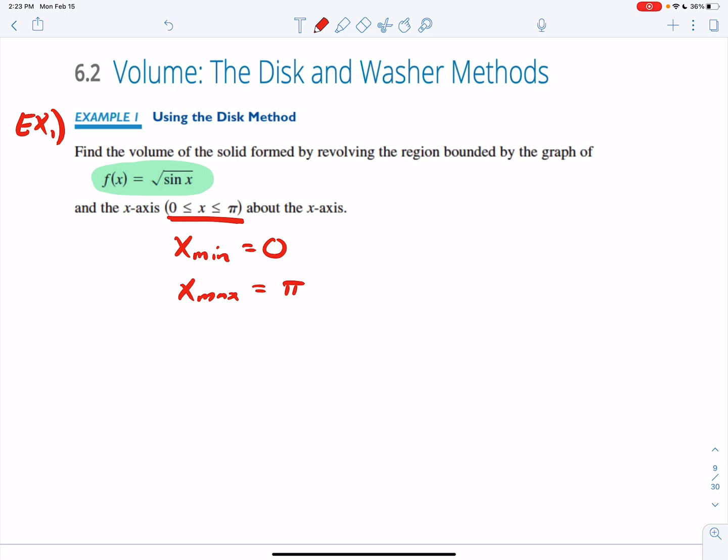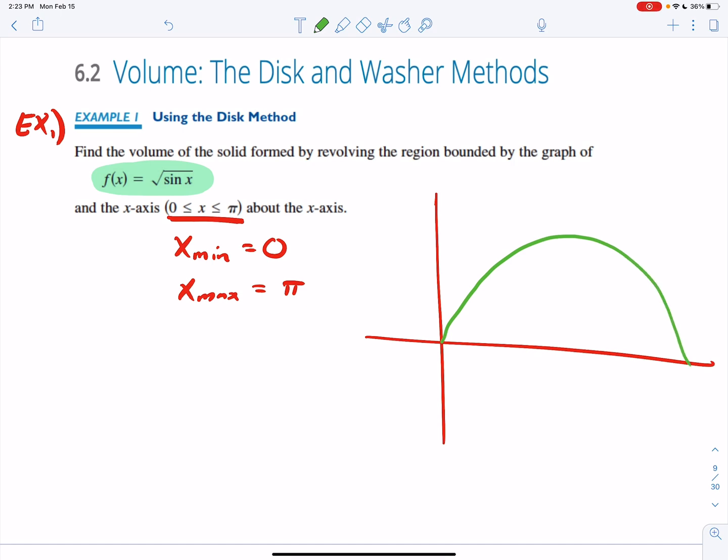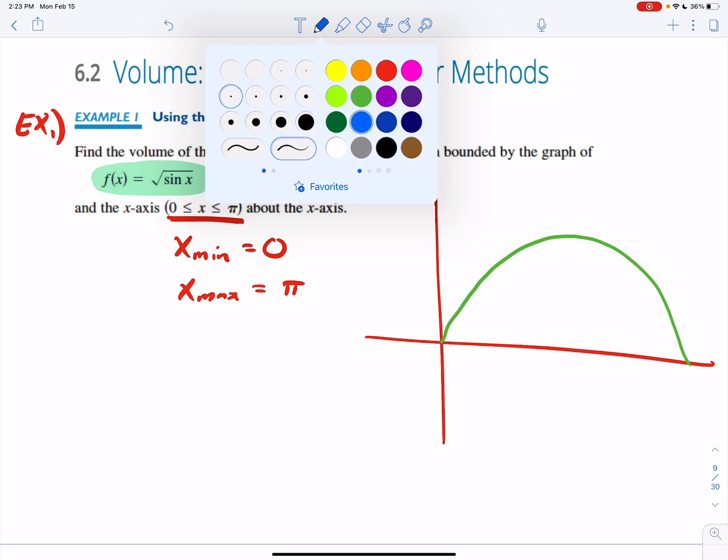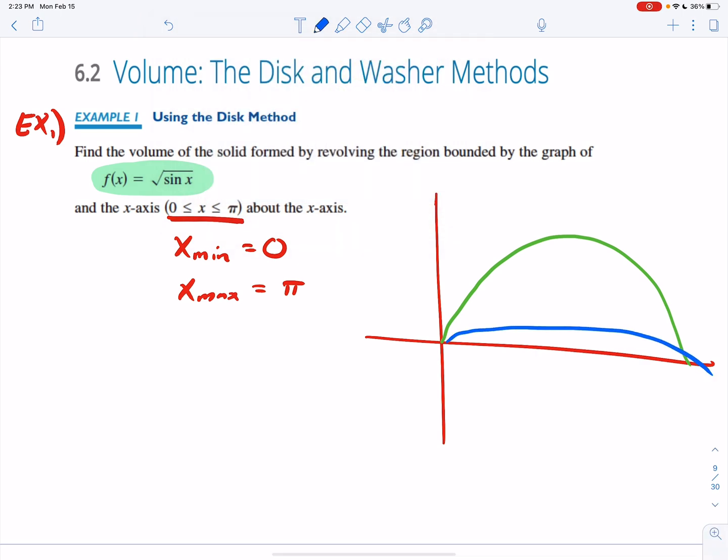Once you hit graph, it kind of looks like this, but I'm going to go ahead and dilate it a little bit. On your graphing calculator, it's probably looking like this, but I want to make sure that I have enough room to draw in between. So here's what we know. We went from 0 all the way to pi. We have this region.